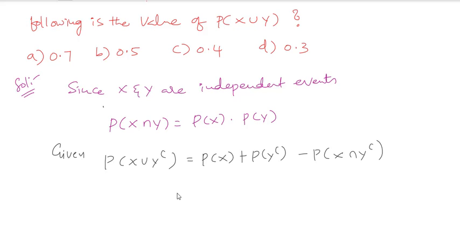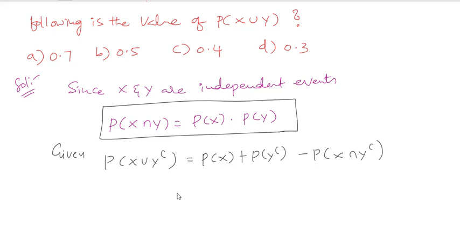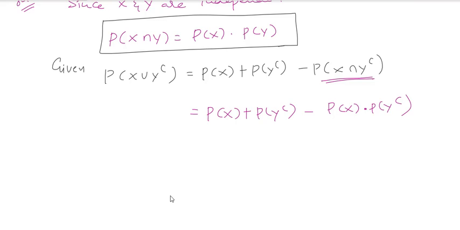Since X and Y are independent events, I can represent this as the probability of X plus the probability of Y complement minus the probability of X times the probability of Y complement. Am I correct or not? Because it is an independent event.